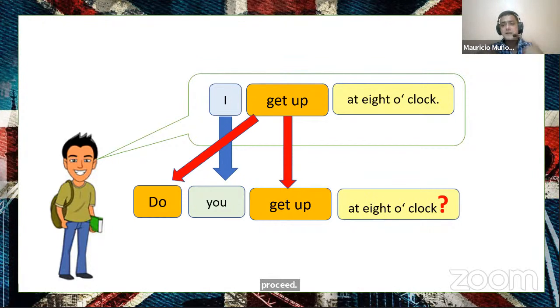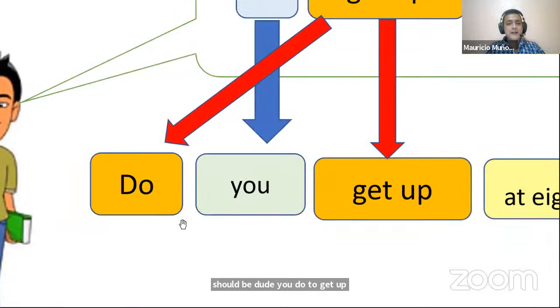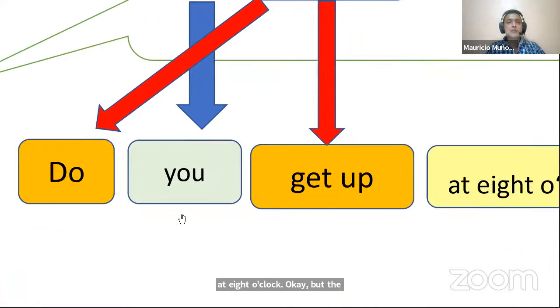La otra persona no sabe, pues no es común hacerse una autopregunta sobre nosotros. Entonces, sí se puede decir, do I get up at 8 o'clock? But in the regular version should be, do you get up at 8 o'clock? Okay, but the point here is this, the auxiliary verb, do.